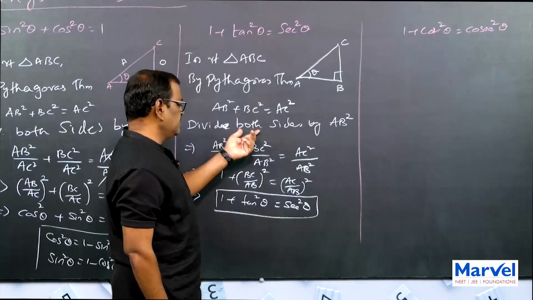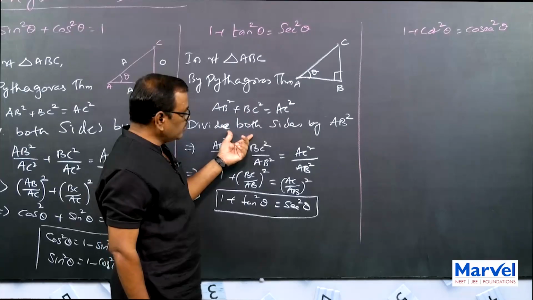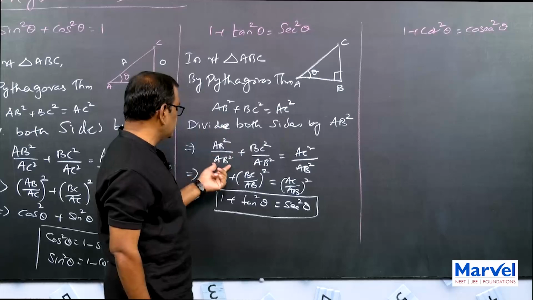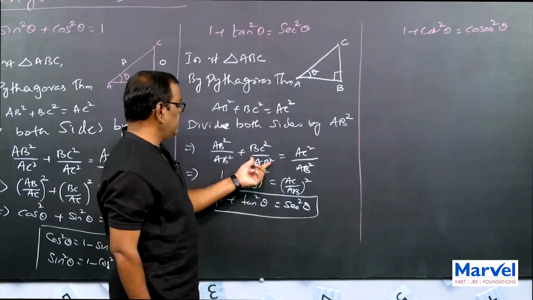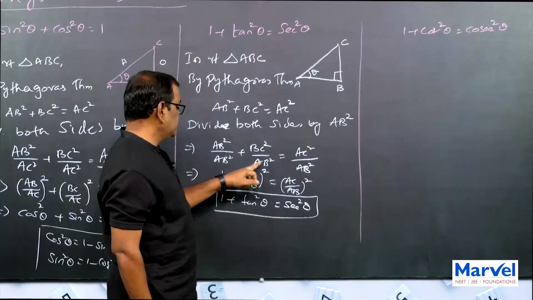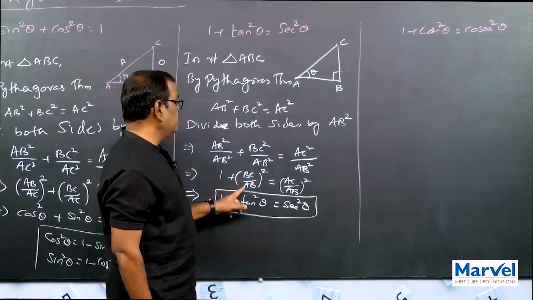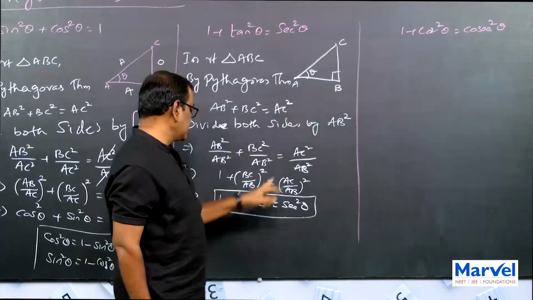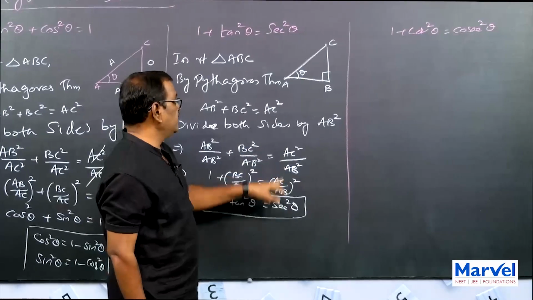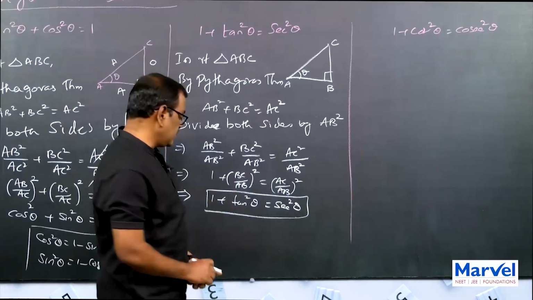Only this stage differs, that is in this Pythagoras theorem, divide both sides by AB square. This becomes AB square by AB square, BC square by AB square, AC square by AB square. So this is 1 and this is (BC by AB) the whole square, (AC by AB) the whole square. BC by AB, opposite side by adjacent side, is tan theta, the whole square is tan square theta, and AC by AB, hypotenuse by adjacent side, is secant theta the whole square, secant square theta.